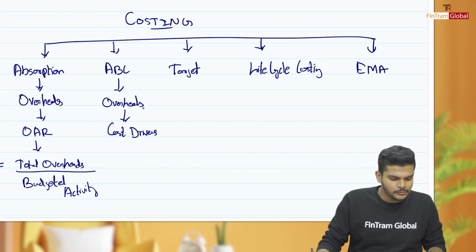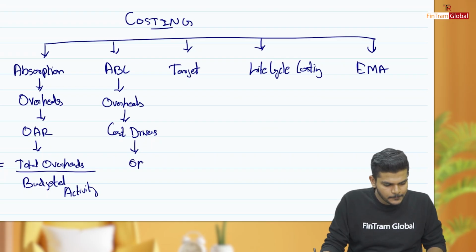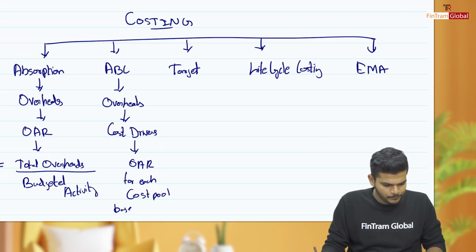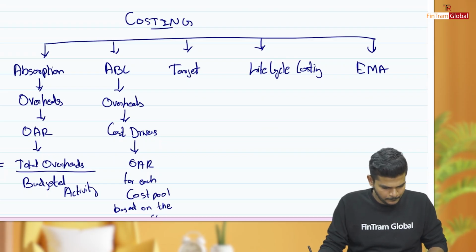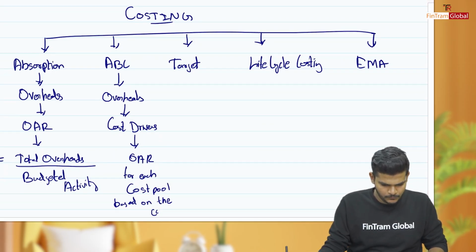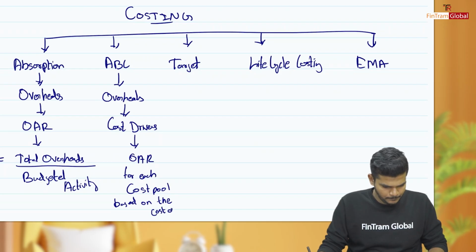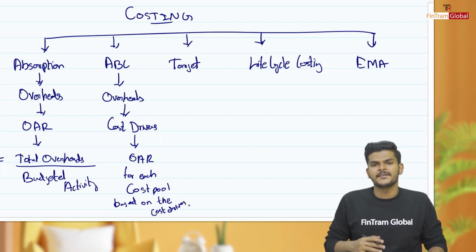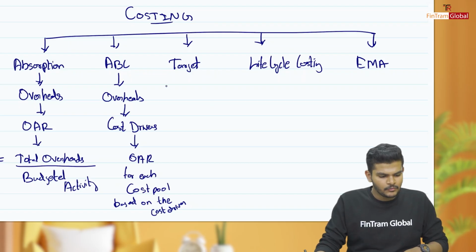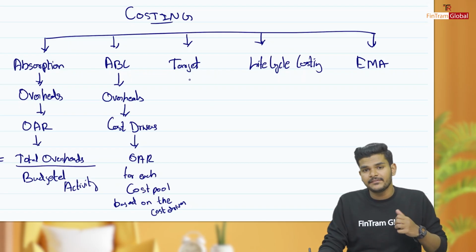Then we calculate the OAR for each cost pool based on the cost driver. Okay folks, so this is basically what we do. Simple as that. So that's it basically as to what activity-based costing is all about.